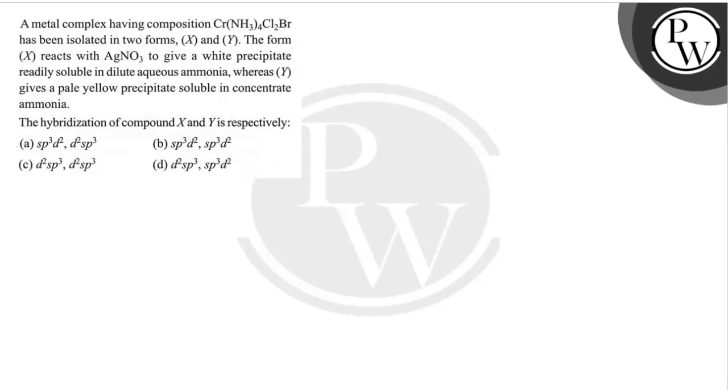Let's read this question. It says that a metal complex having the composition Cr, four groups of ammonia, two chloride and one bromide has been isolated in two forms, X and Y. Form X reacts with AgNO3 to give a white precipitate, which is soluble in dilute aqueous ammonia. Y gives a pale yellow precipitate with AgNO3, which is soluble in concentrated ammonia.